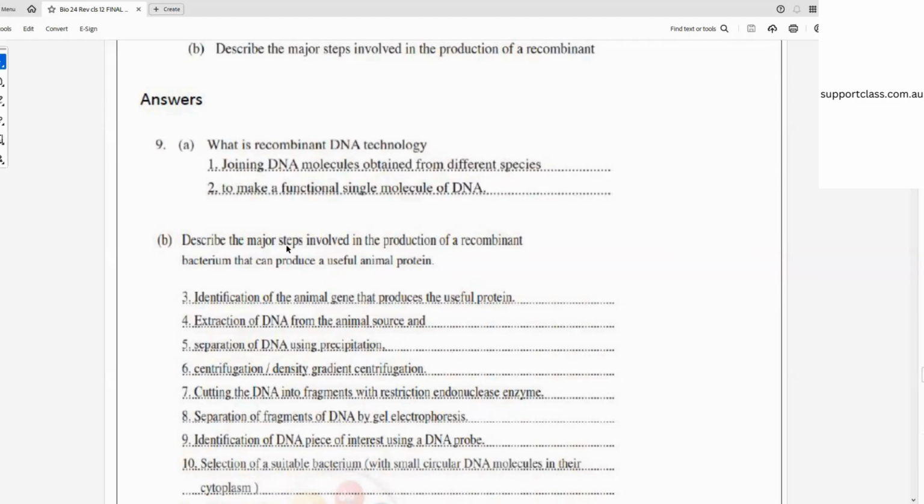Now they are asking us in detail, stepwise, to explain the process. That is not easy, right? Because you can lose a lot of points because they give marks for all the points. So if you lose the points, you lose the marks.